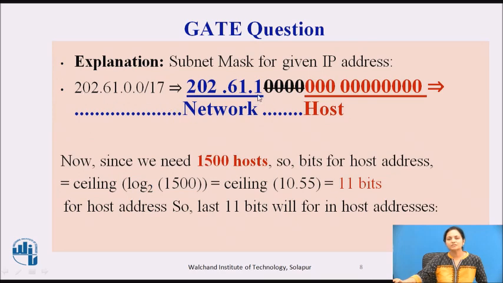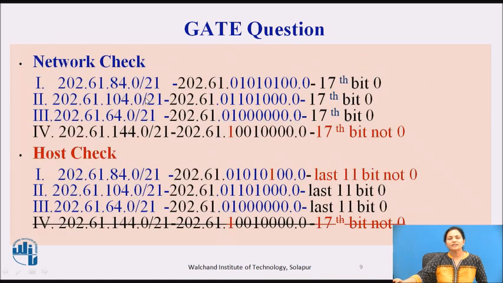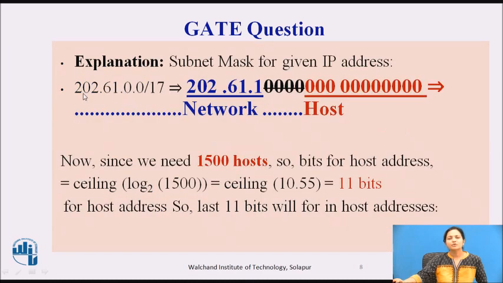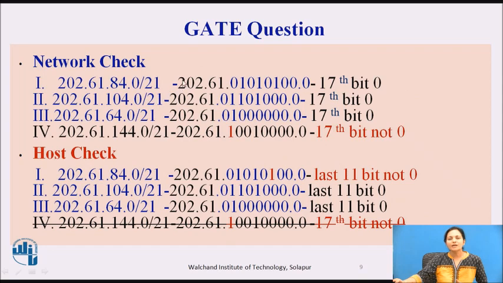In our address we have 202.61, so there is no harm up to this 202.61 in the network check.